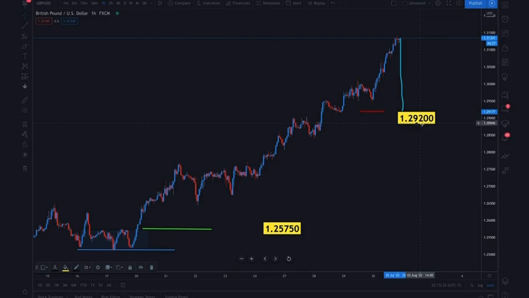Off the top of my head, that is 345 pips. You are in profit. So if it takes you out, you were 345 pips in profit. And obviously, if you multiply that by your lot size, that's how much money you would have made. That is a lot of money.